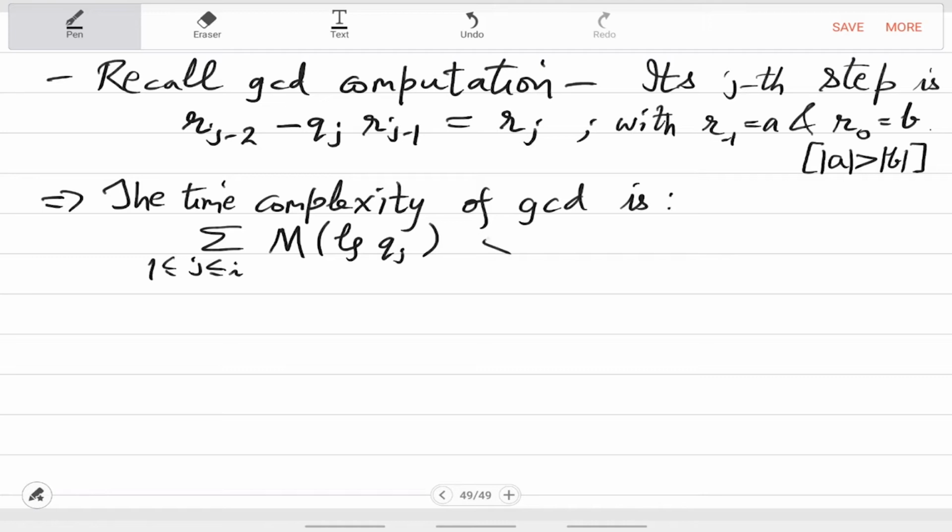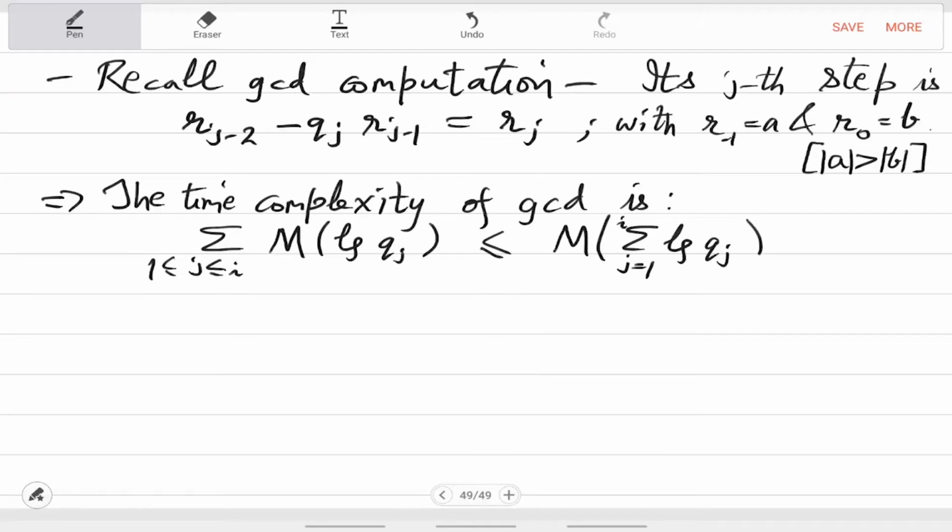And again, same trick. Since the integer multiplication complexity is at least superlinear, this sum of M is at most M of the sum. So let's take the sum inside. What can you say about the sum of log Qj now?